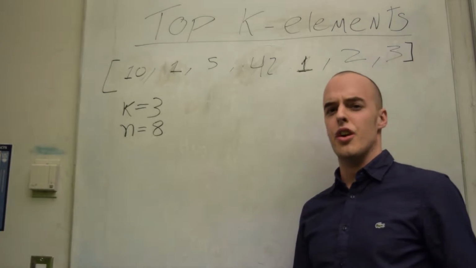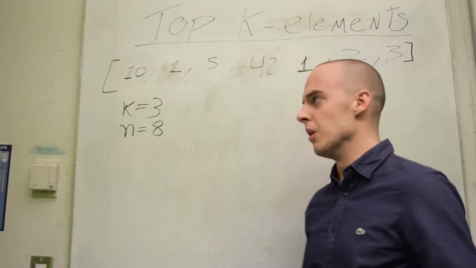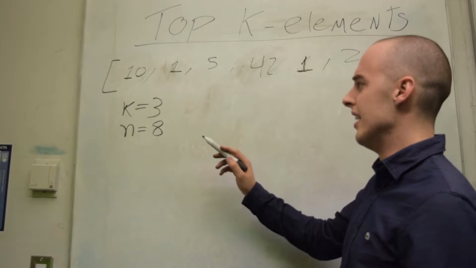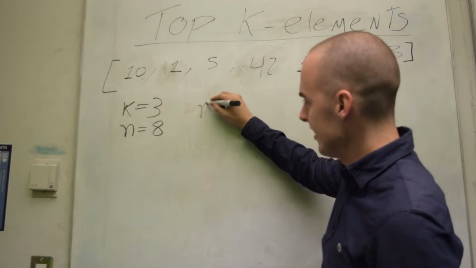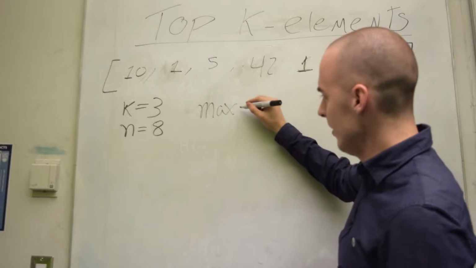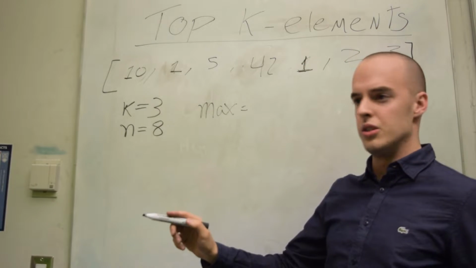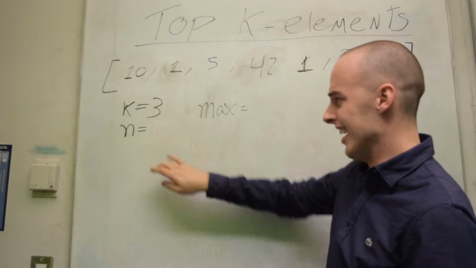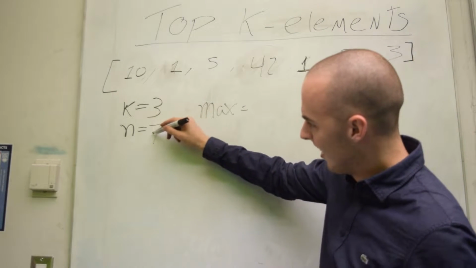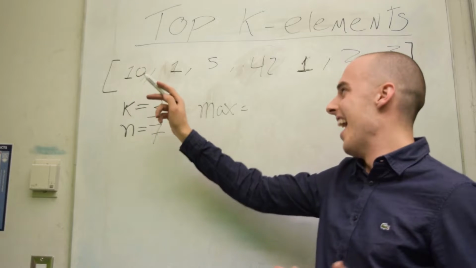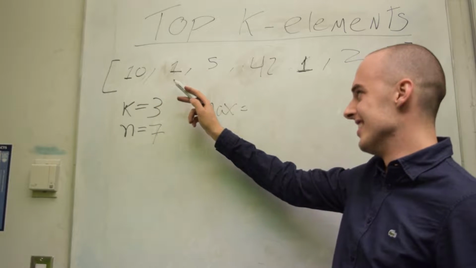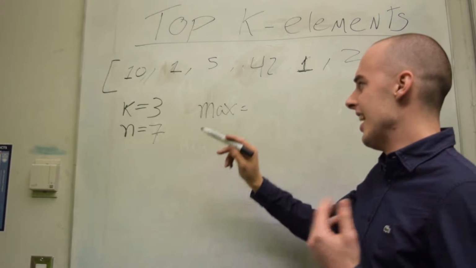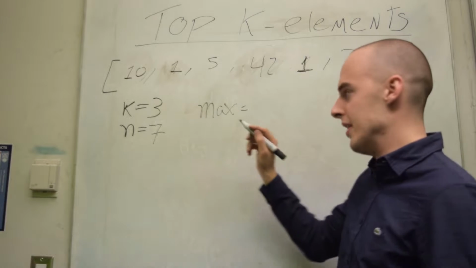A quick brute force approach to this problem that will solve it is by keeping a max variable and going through every single element. Oh wow, we actually only have 7 elements. We go through every one of the elements in this array and compare it with what we have seen so far.